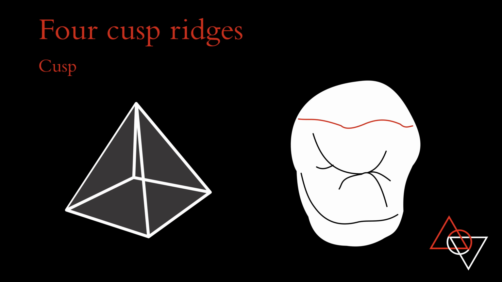If you can imagine the linguo-occlusal edge here drawn in red on the tooth as a divider from one surface to another, then additionally you need to imagine this area right here where the highest elevation of the sides is. Then you can divide the cusp area into 4 quarters and it looks like a pyramid, but you really need to have a big imagination to imagine something like this.